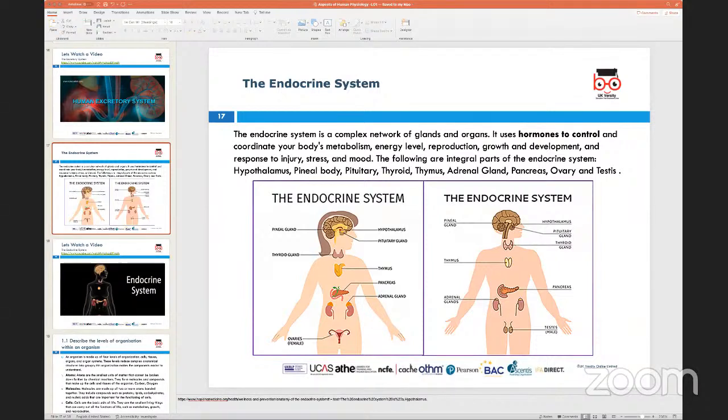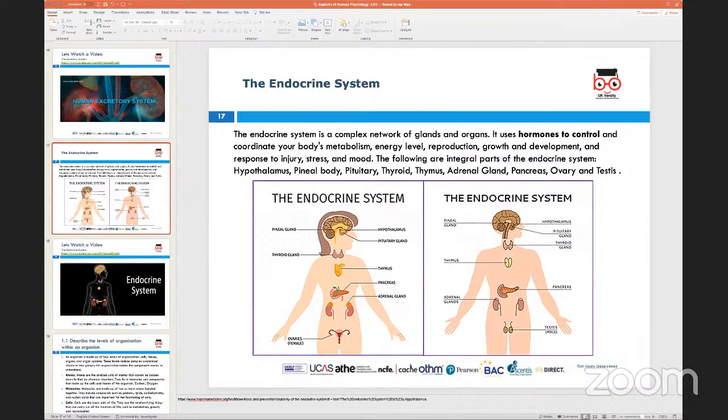So the endocrine system comprises different glands, and some of these glands can vary between males and females.